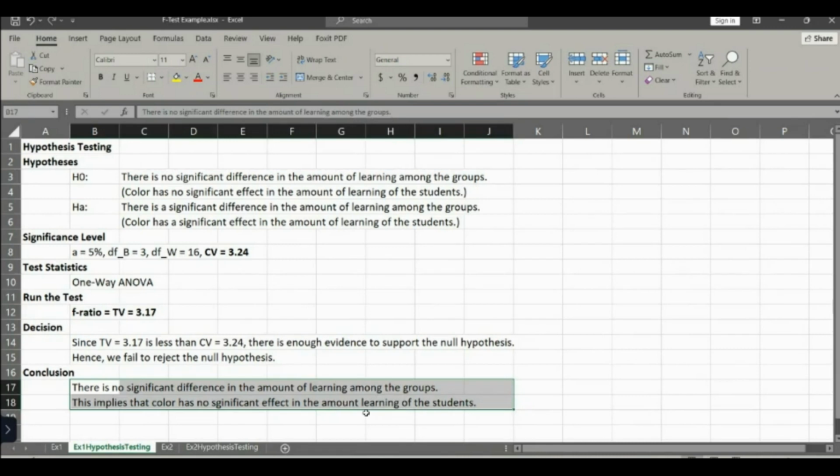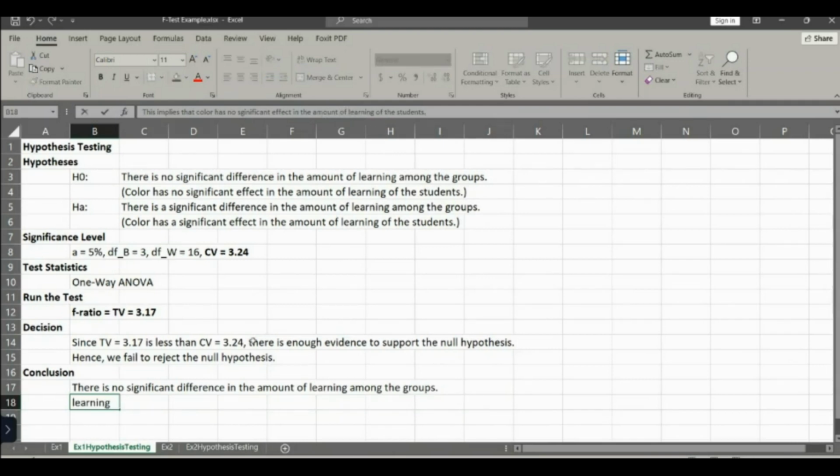There's no significant difference in the amount of learning among the groups. This implies that the color has no significant effect on the amount of learning of the students.